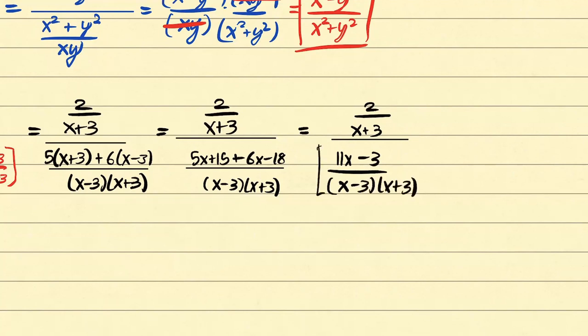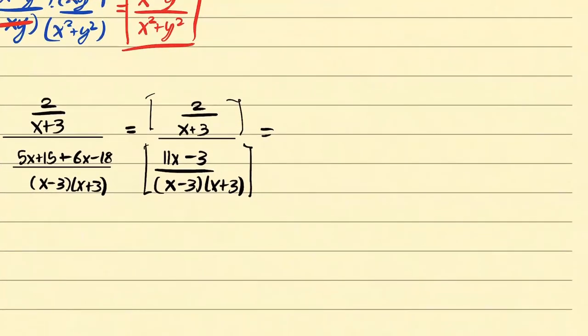So now, how do I rewrite this division as multiplication? Multiply by the reciprocal. Yep, exactly. So now I'm going to take that bottom fraction and reverse the numerator and denominator.